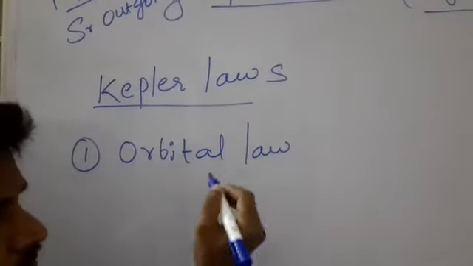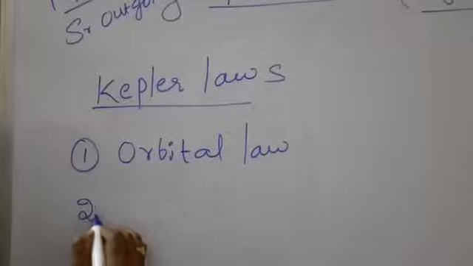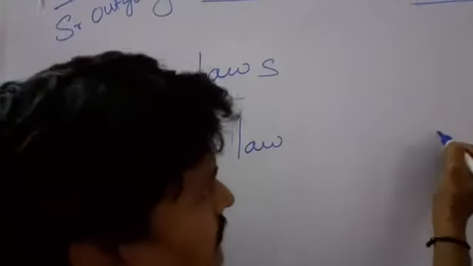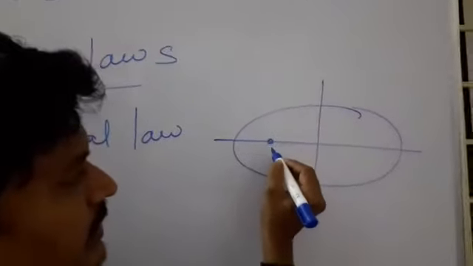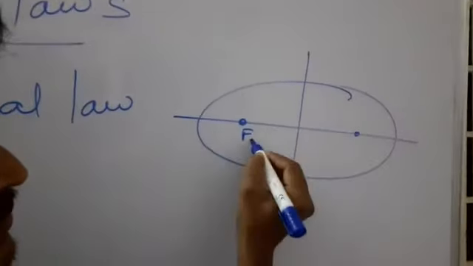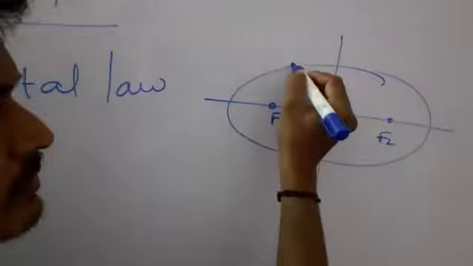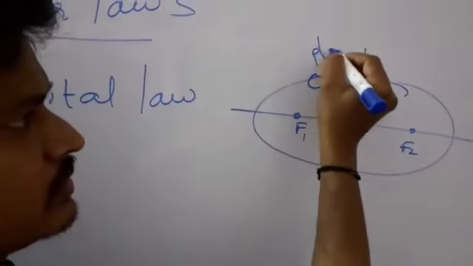Sun is the center here, right? So this is an ellipse, and the sun is located at one of the foci of this ellipse. Every planet revolves around this sun.